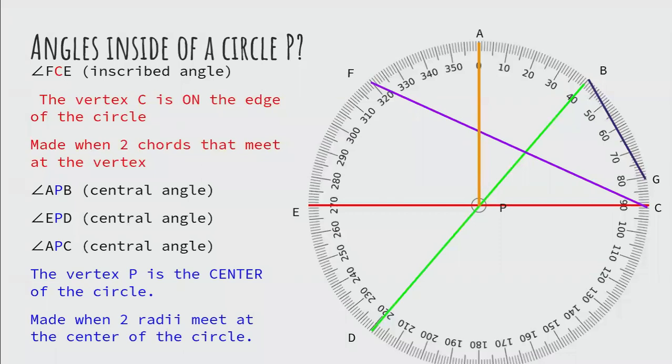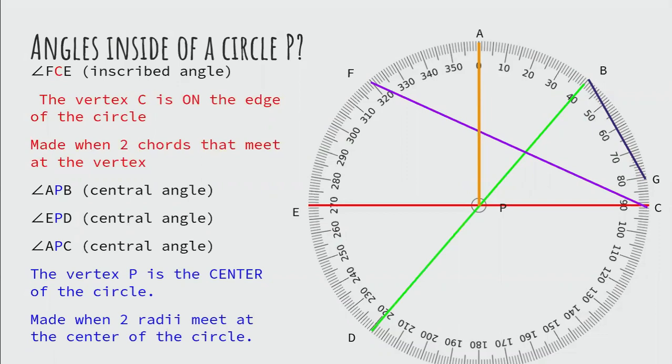An inscribed angle is made up of two chords. One of the chords that makes up this particular angle also happens to be a diameter of the circle.